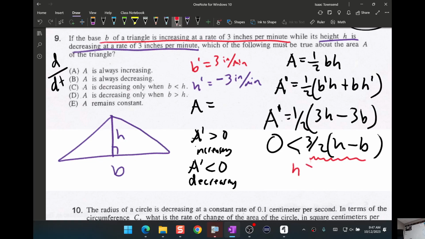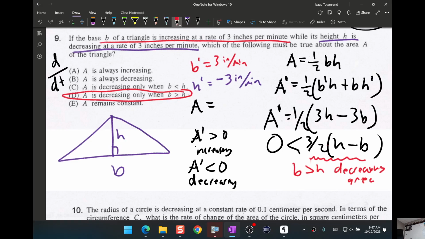But if h is bigger than the base, then the rate of change would be positive. So another way to say that is if b was bigger than h, this would be negative. So the rate of change of area would be negative. So it is going to be decreasing area if b is bigger than h, which is choice D.